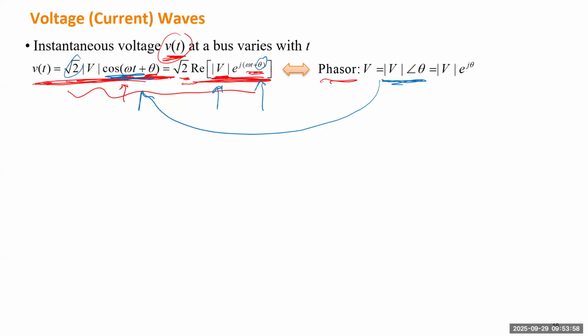So that's how we propose the phasor representation to simplify the instantaneous voltage. So those two representations are equivalent to each other in steady state conditions.